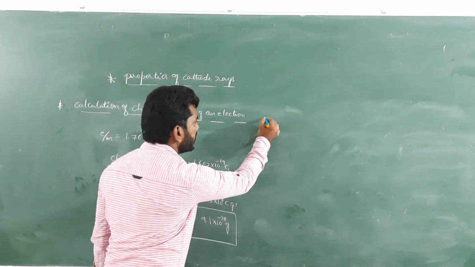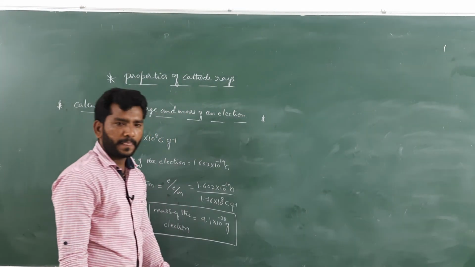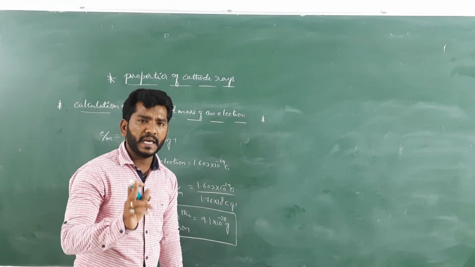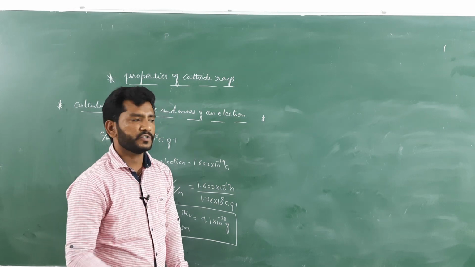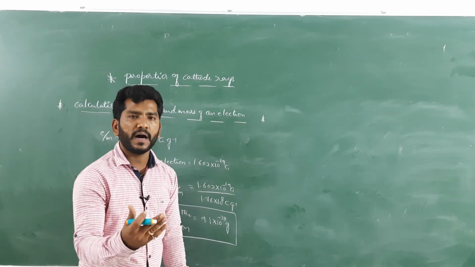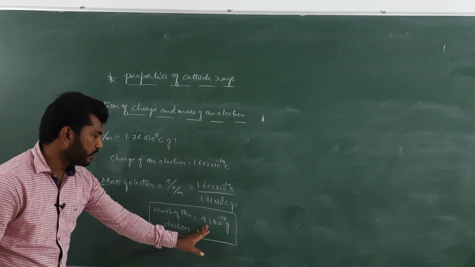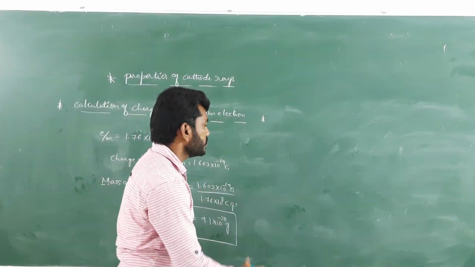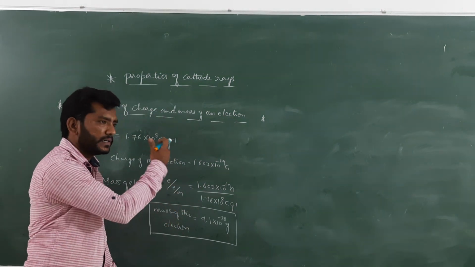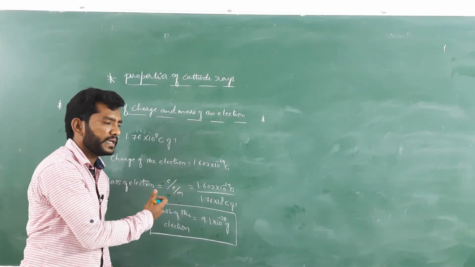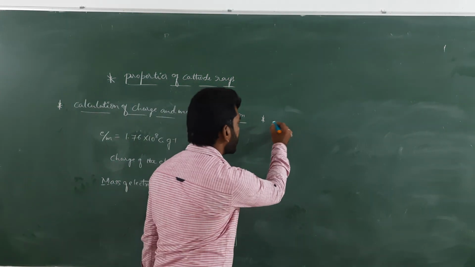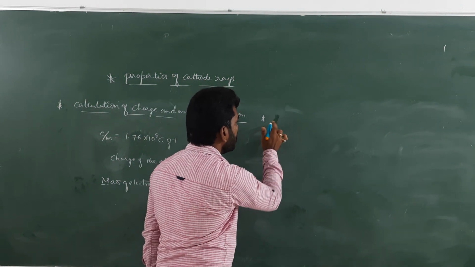So how do we define the electron? See, the electron is a subatomic particle carrying one unit of electrical charge and having a mass of 9.1 into 10 to the power of minus 28 gram. So write down, guys. Since we have been discussing the discovery of the electron and its properties, we can define it in the standard form.